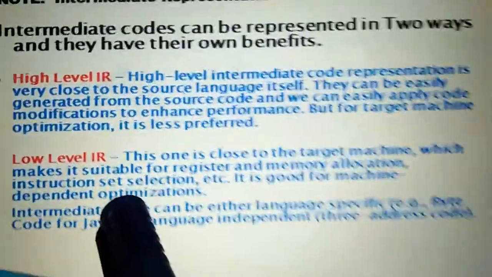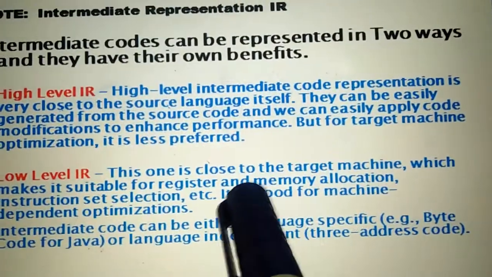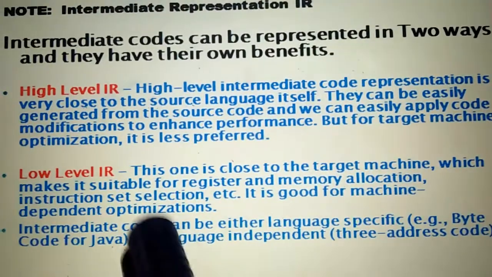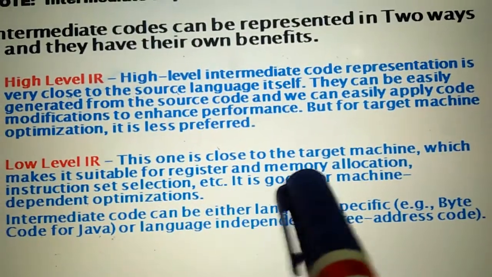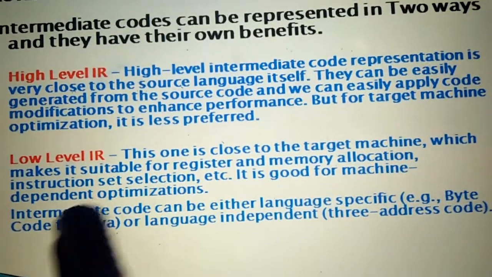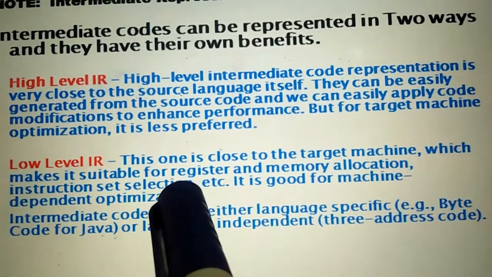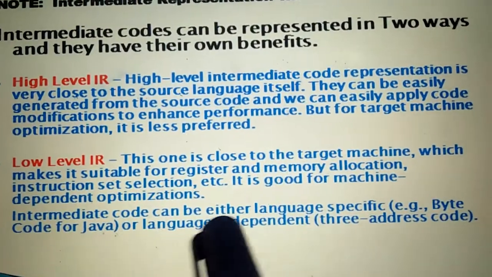In the low level intermediate code representation, which itself is very close to the target machine code, it is very suitable for register and memory allocation, instruction selection, etc. It is good for machine dependent optimization.